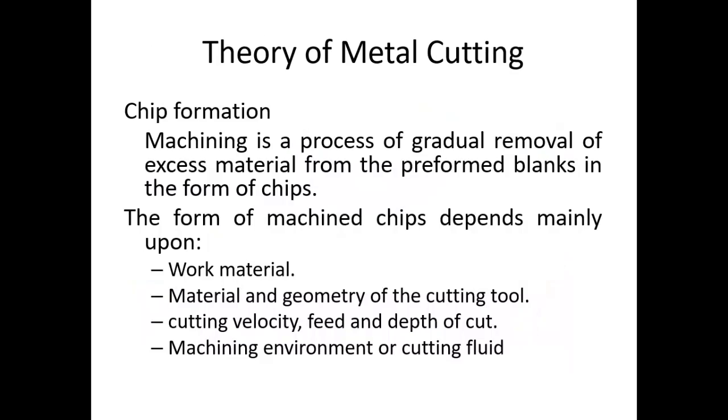Next, how exactly the material will be removed, whether in the form of chips or any other form, also affects the surface finish of a product or workpiece. Chip formation is all about machining and gradual removal of excess material from the preformed blanks in the form of chips. When we start a machining operation, the workpiece comes into contact with the cutting tool.